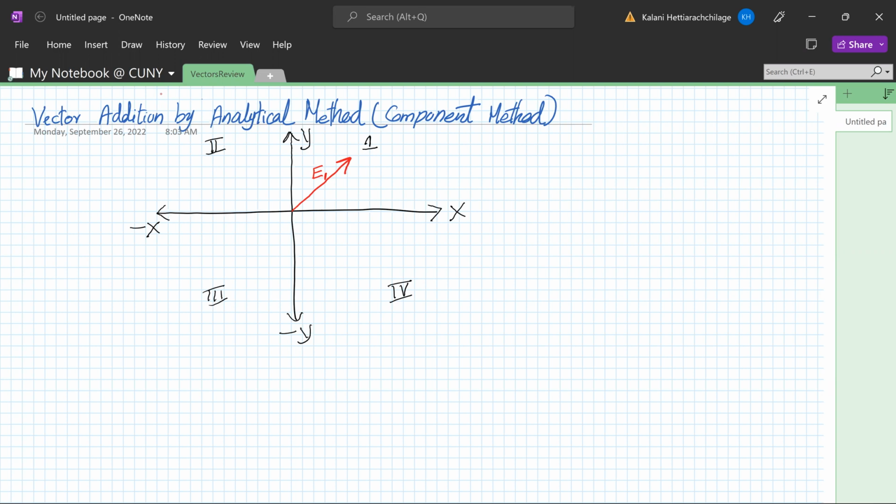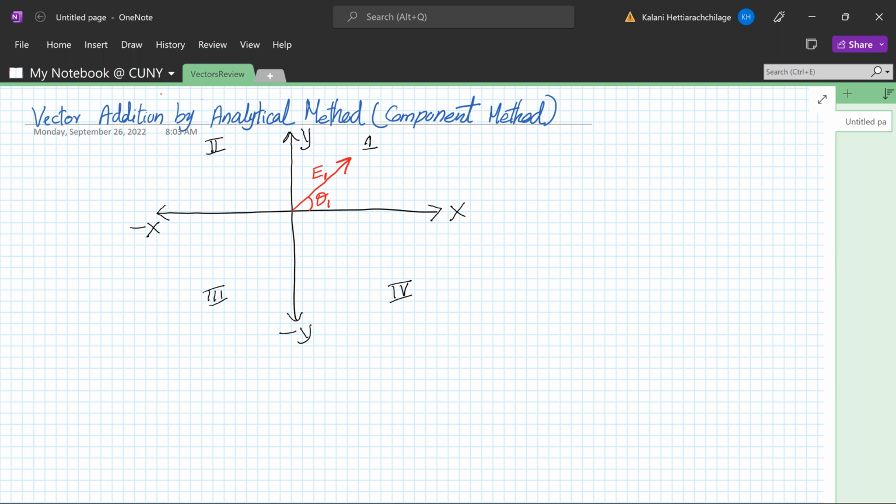So say the direction here is theta 1. So you have the E1 vector inside your first quadrant and theta 1 is given. First quadrant means this theta 1 value should be between 0 and 90 degrees, right?